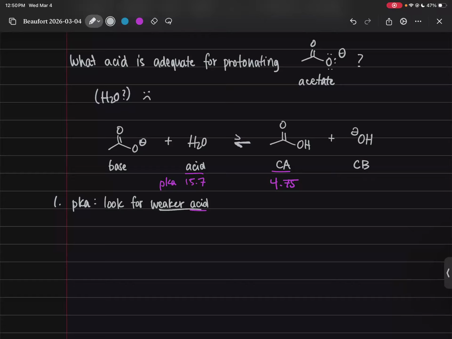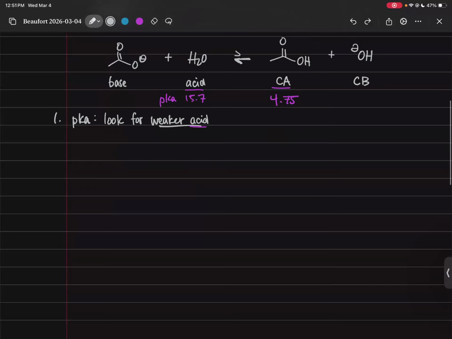If they were just very slightly different, like an extra methyl group or something, then we can say the pKa of that acid is also going to be 4.75, basically. But if we don't have structures that are anywhere near similar to what's on the pKa table, then we have to use ARIO. And so we can also use this to check our work.